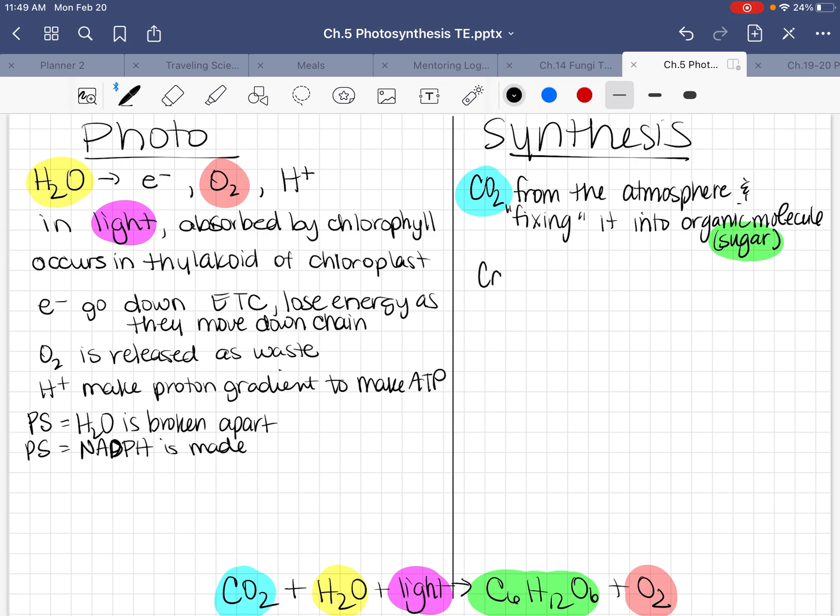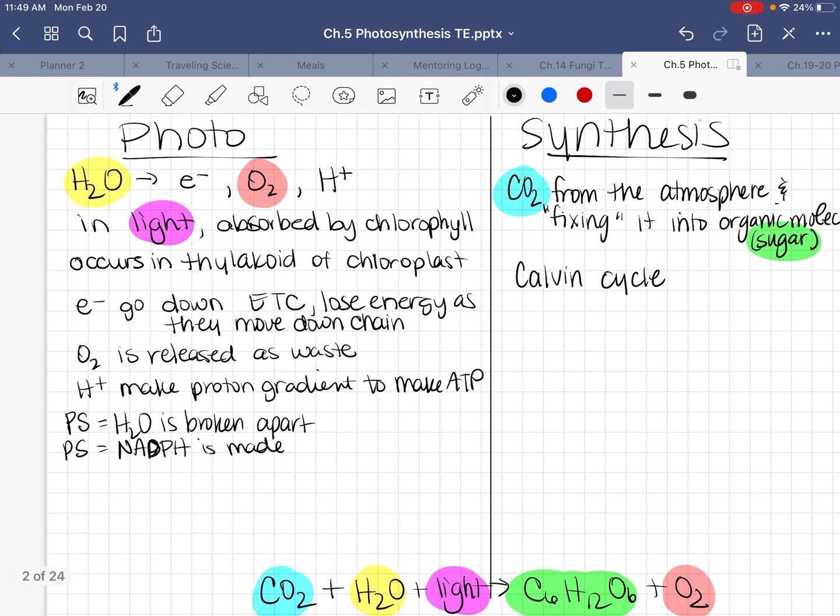The name of this process is the Calvin cycle. And it happens in the stroma of the chloroplast. It has 3 steps.